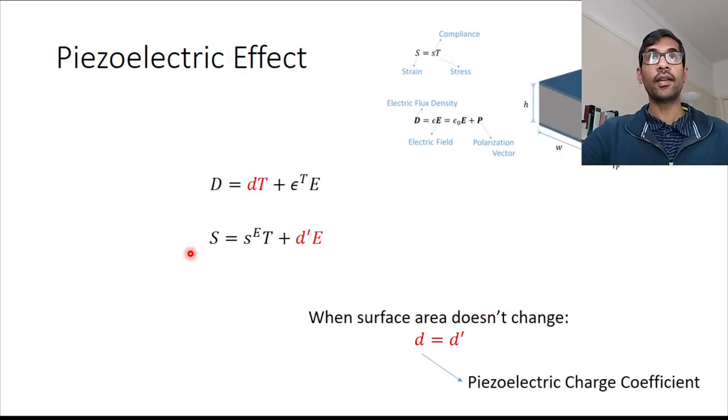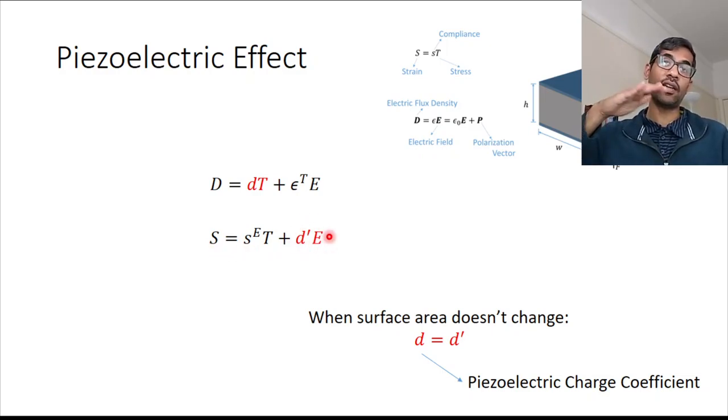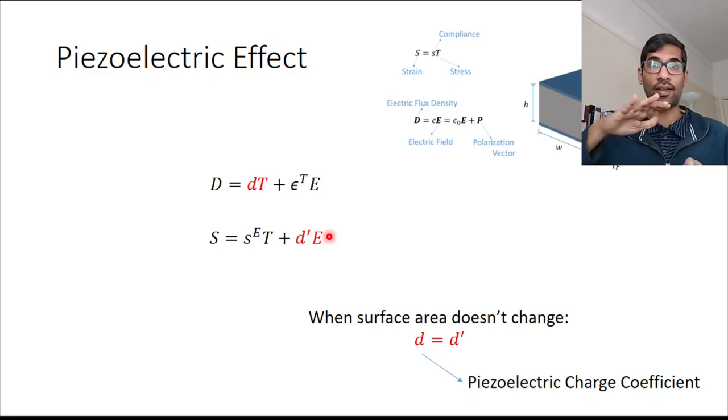Okay. Now what happens in piezoelectric effect? Here's the difference with a piezoelectric effect. Let's take a look at the mechanical displacement. So here we have applied a stress and we've got a strain, but in addition to the strain, we also have an electric field developing across the piezoelectric sensor. Okay.